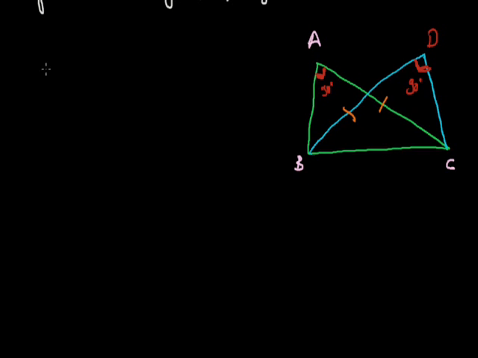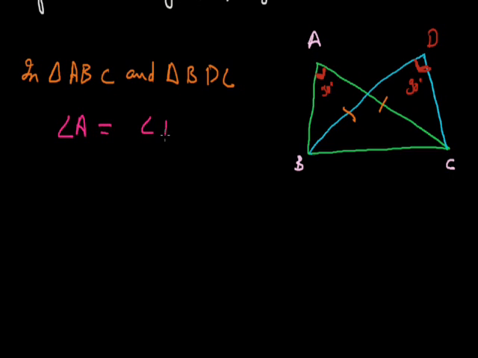Now let us see which two parts of the triangle are correspondingly equal. So first we will write in triangle ABC and triangle BDC, we can see that angle A is equal to angle D, that is equal to 90 degrees, right angle. Next we have side BC is equal to side BC, which is common in both the two triangles, in triangle ABC and triangle DBC.